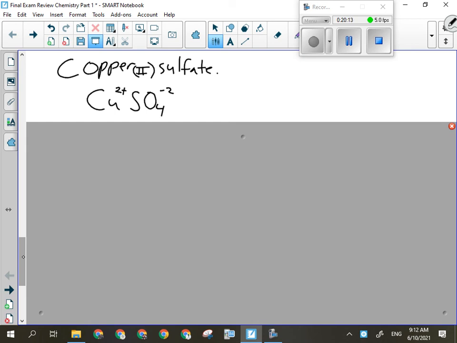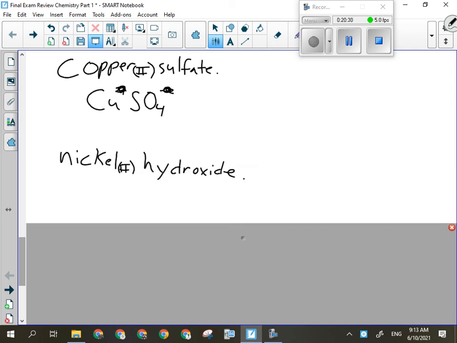I don't. I'm not going to be putting a number beside the 4, so I don't need brackets for this one. If I needed to put a number beside the 4, that's when I would enclose the sulfate in brackets and put another number outside of those brackets. Can't remember if I had an example of that or not. I did. That one.